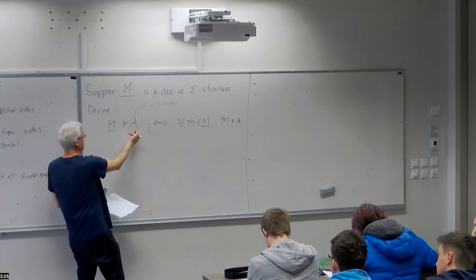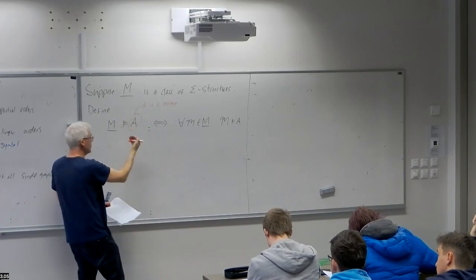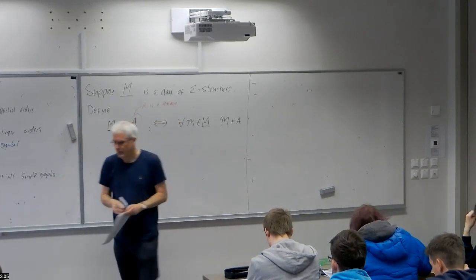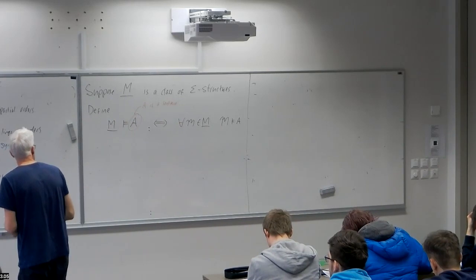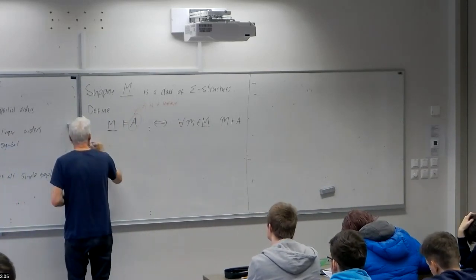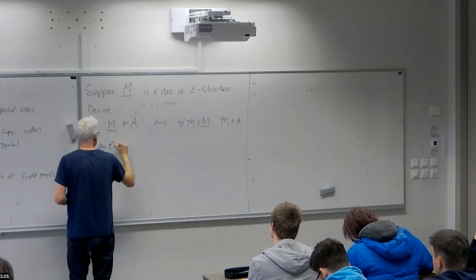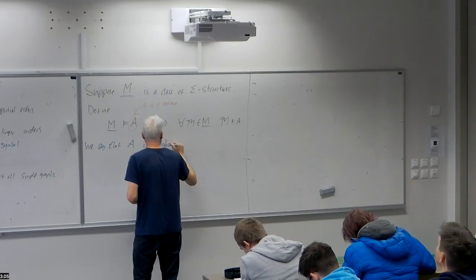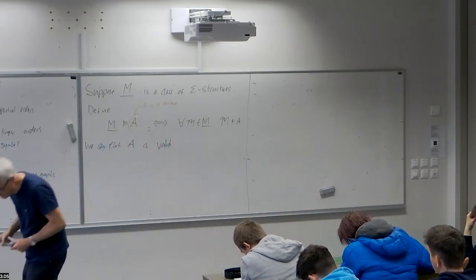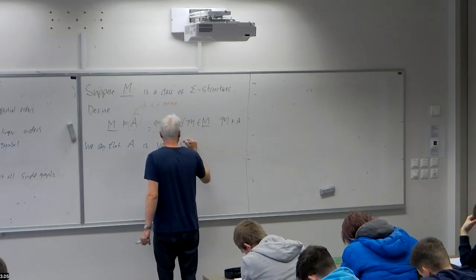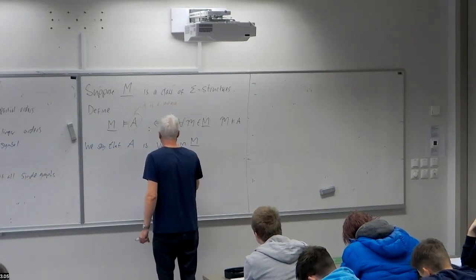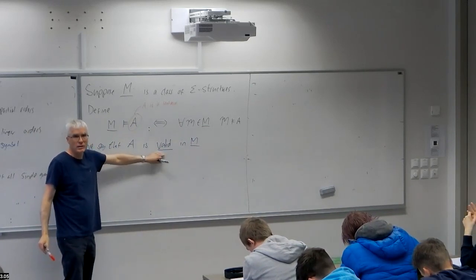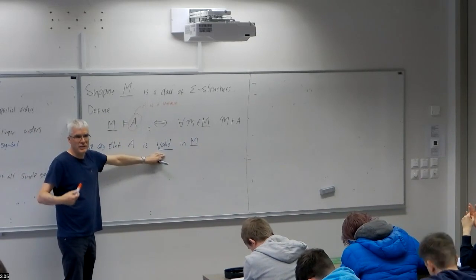Basically we're saying A is expressing a true property of all structures in the class M. The officially correct way of saying this is to say that A is valid in M. So valid means true in all structures in a class.